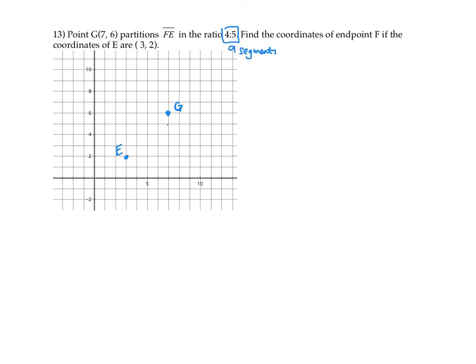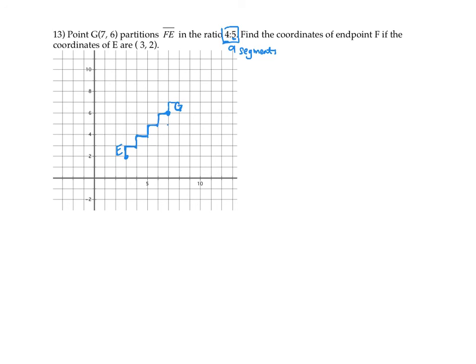Okay, so notice that going from E to G, we can do this a couple different ways. Okay, we can go up 1, right 1. So notice that was 1 step, 2, 3, 4. There's the 4. Okay, now if we want to find point F, we're going to continue on with this pattern, and we want to go 5 segments.